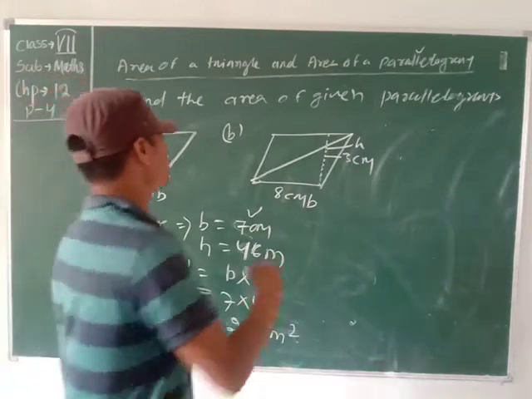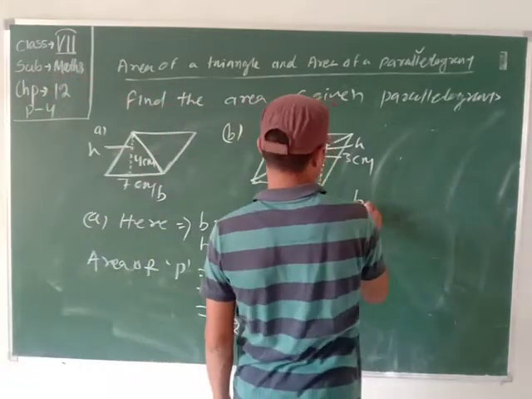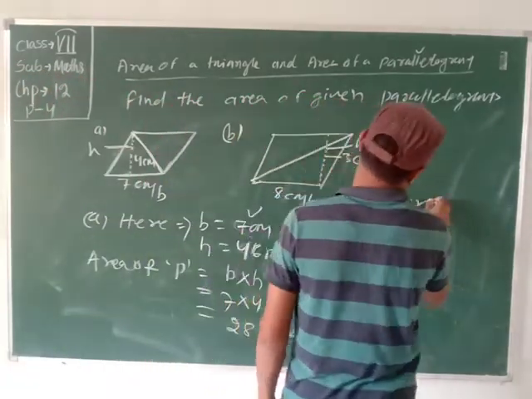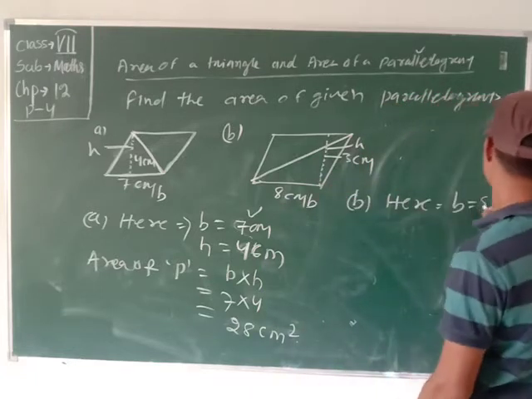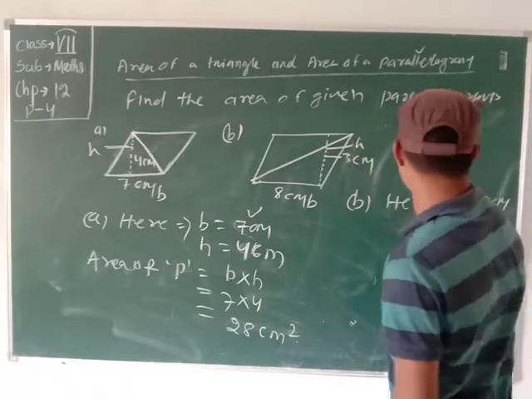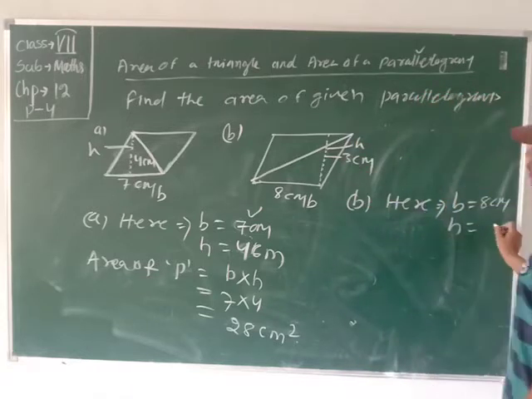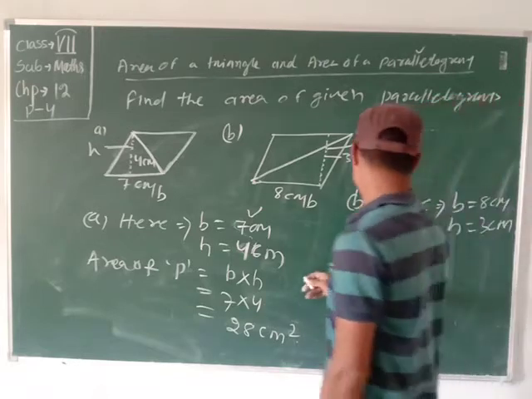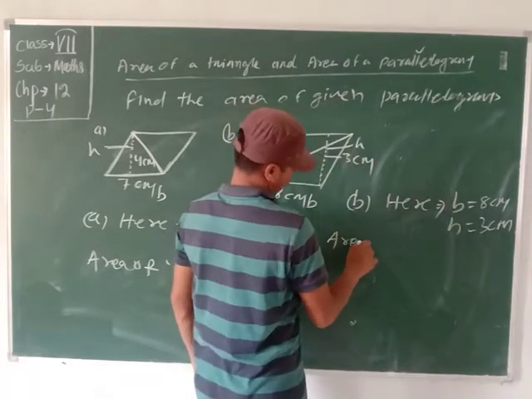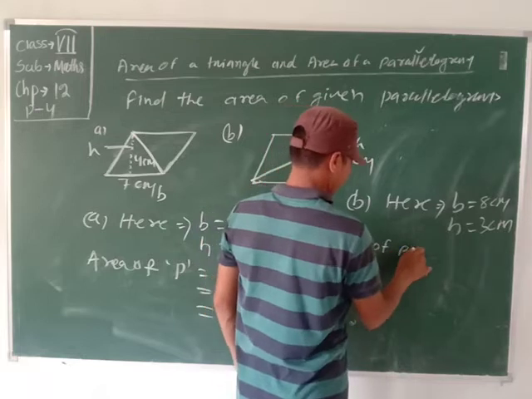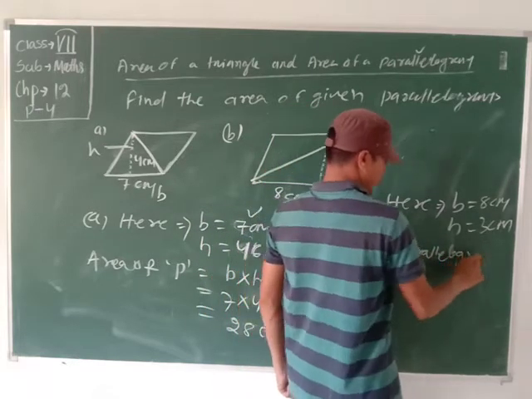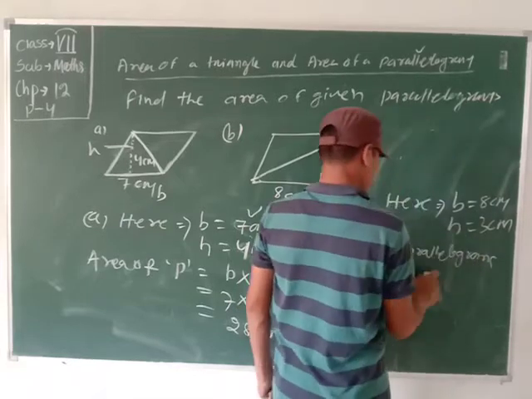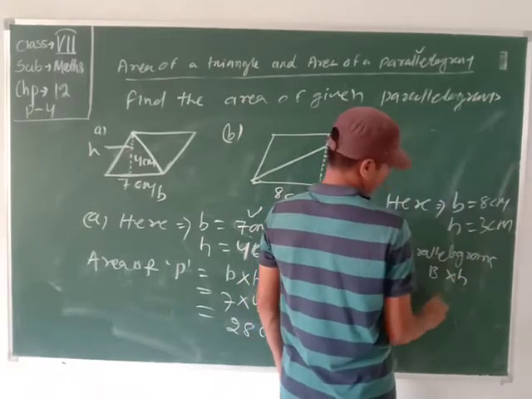Now we will find the area of B. Then here b equal to 8 centimeter. h equal to 3 centimeter. Then area of parallelogram, we know that base into height.